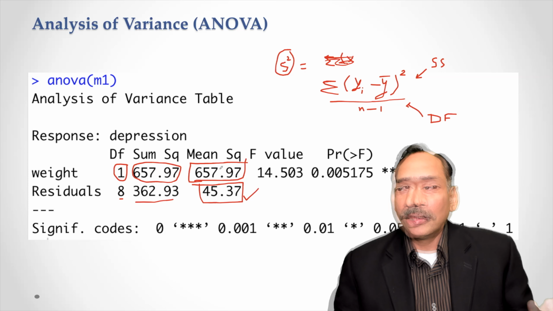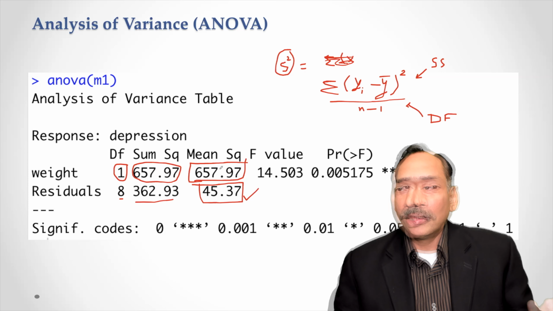What does it mean? It means that the regression relationship is strong. Remember, initially I showed you a table in terms of R. So this is R square. If you calculate R, it will be maybe around 0.8. So that's quite high. We can say about 64% of the variability in depression can be explained by the linear relation between weight of the roller and depth of depression on the grass.